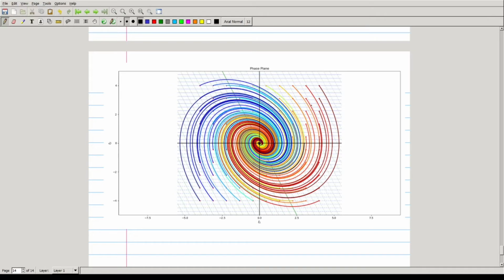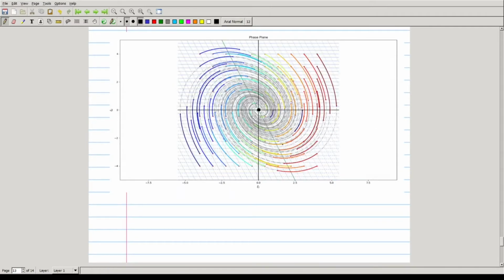And you might notice as well, in the background of all these plots, I've plotted out the nullclines, which are the curves that give the x derivative 0 and the y derivative 0.